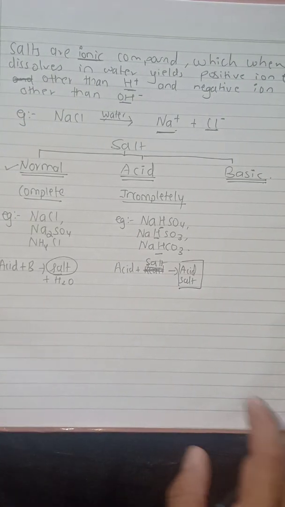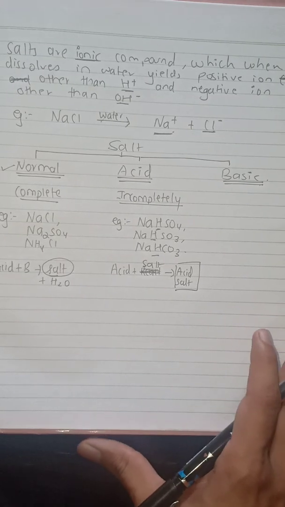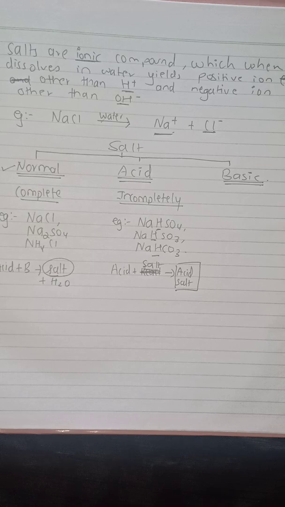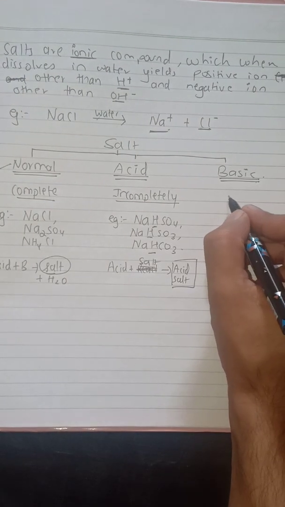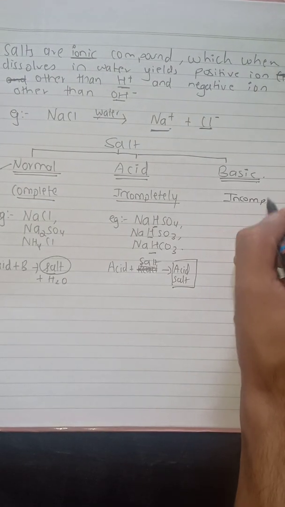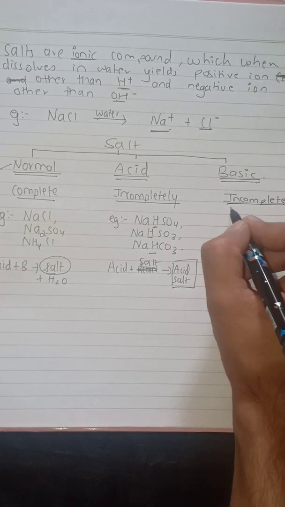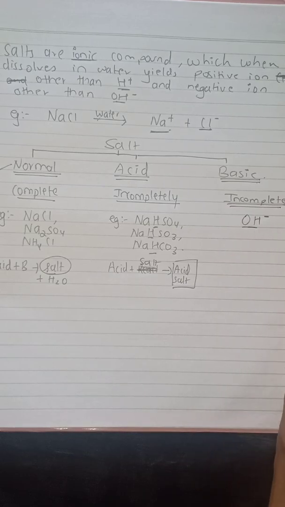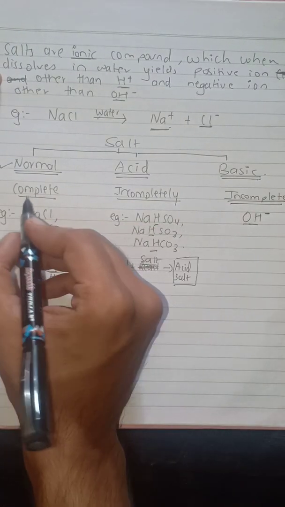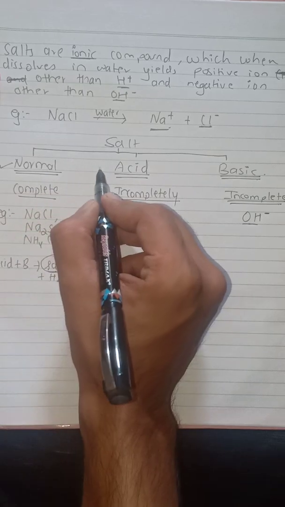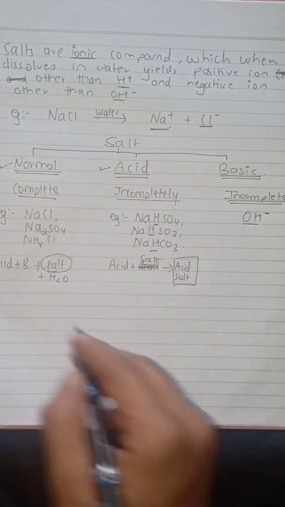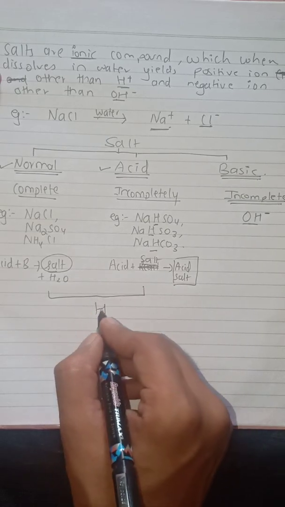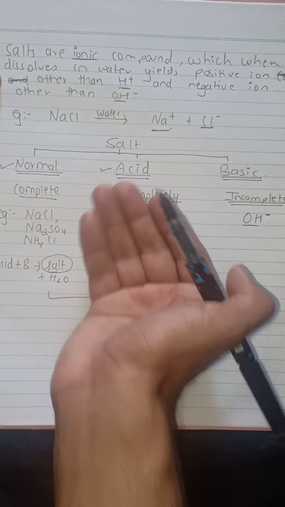Now basic salt. The basic salts are those salts which are formed by the partial replacement, and partial replacement means incomplete replacement, but here it is incomplete replacement of OH minus. See, normal salt and acid salts are both linked with the H. If H is replaced completely or partially, these two get formed.